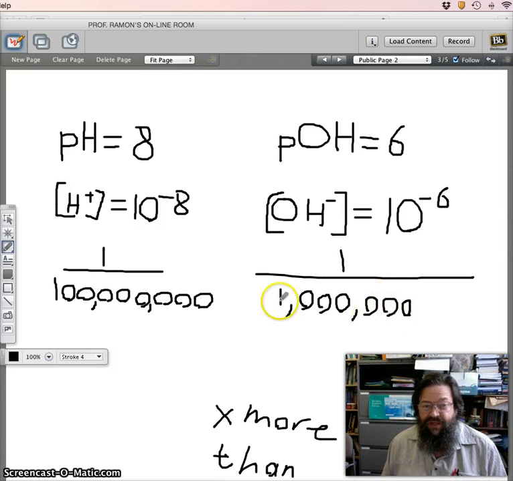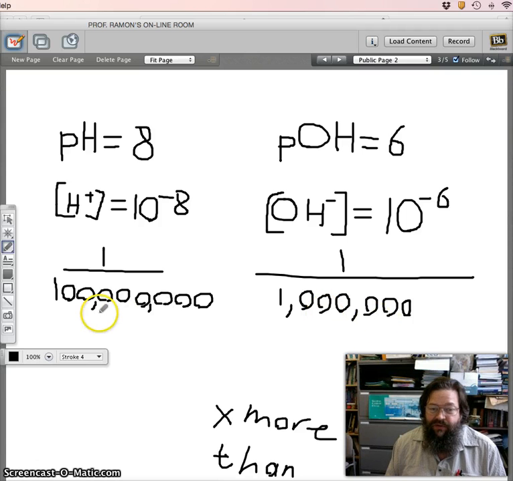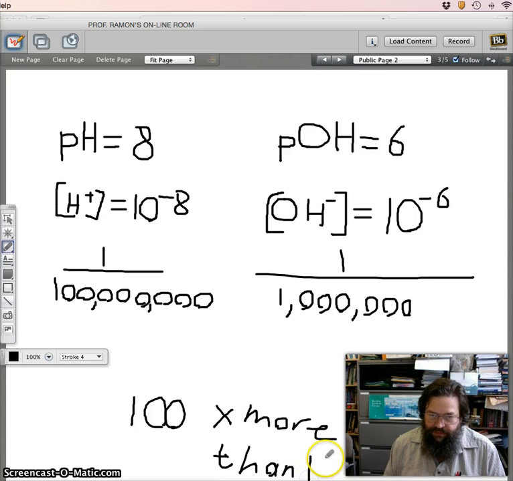for the hydroxide, that means we've got a lot more hydroxide than hydrogen. How much more? 100 times more. So we've got 100 times more hydroxide than hydrogen.